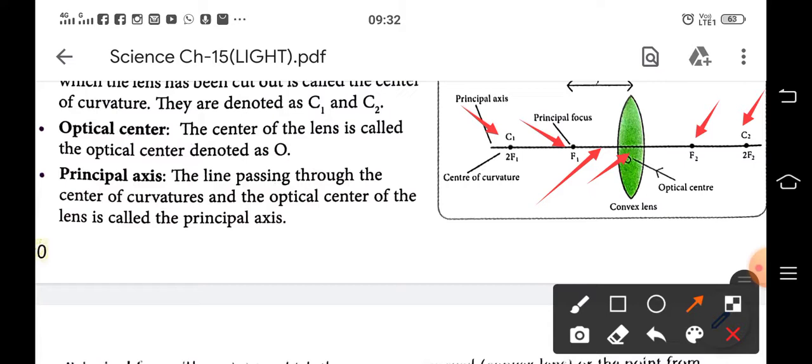Same as center of curvature C1, C2, both sides we can consider, and F1, F2 both sides. And then the distance from the optical center to the focus is known as focal length. So these are some terms related to lens.